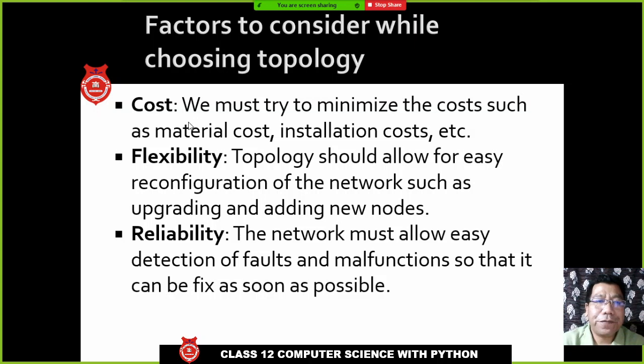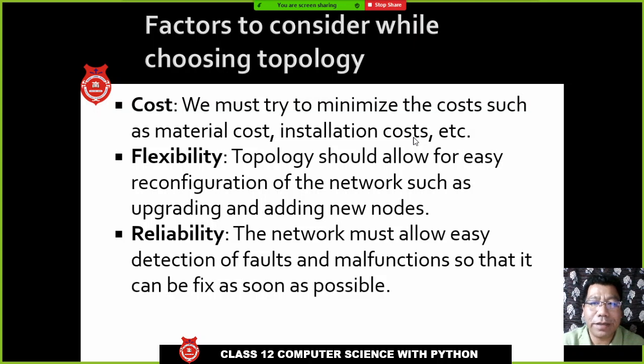Okay, so the first thing that you have to consider is cost. You should try to minimize the money spent for setting up that computer network, such as the material cost, the cable cost, or the installation cost, etc.